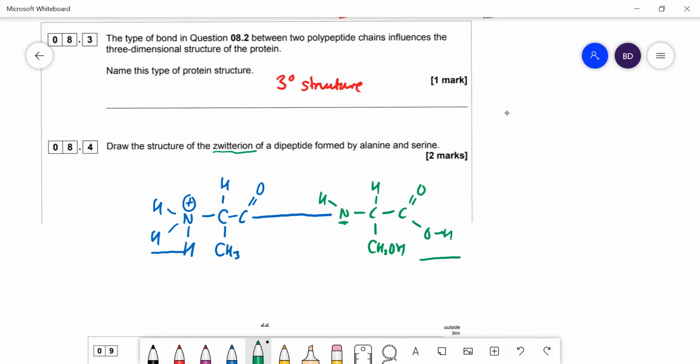And we need to deprotonate the carboxylic acid, so that's O minus. That's the zwitterion form of one of the 2 dipeptides. The other dipeptide, you could just swap those 2 R groups about. That's what the formula of the other dipeptide would be.